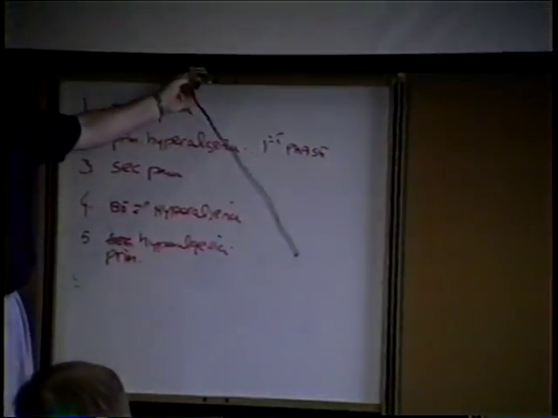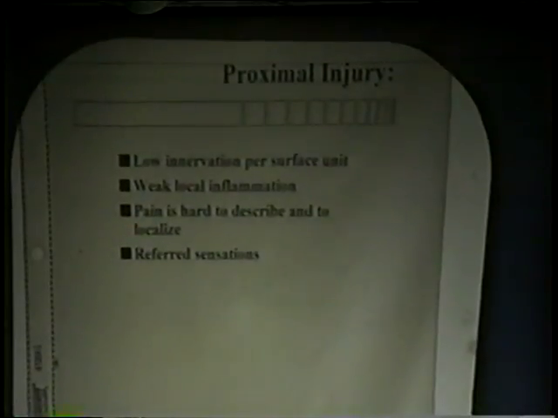What also is important is, for example, the difference between a proximal injury and a distal injury. A proximal injury, let's say a shoulder problem or a rib problem, has a low innervation per surface unit. So what will that mean? There are fewer C fibers or fewer A-delta fibers.